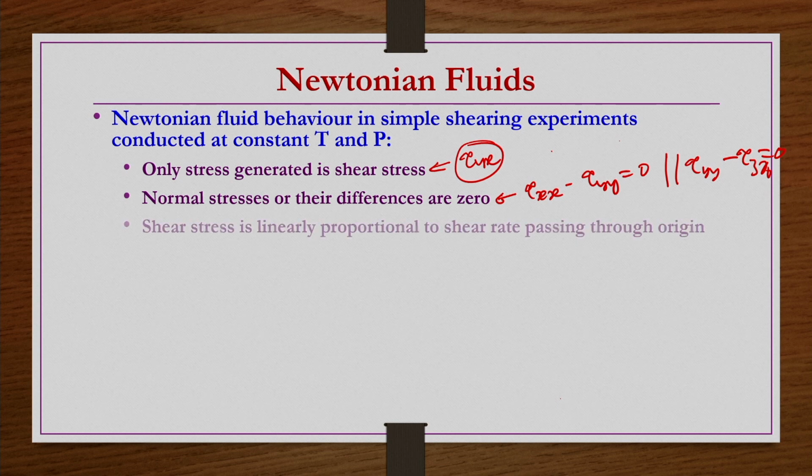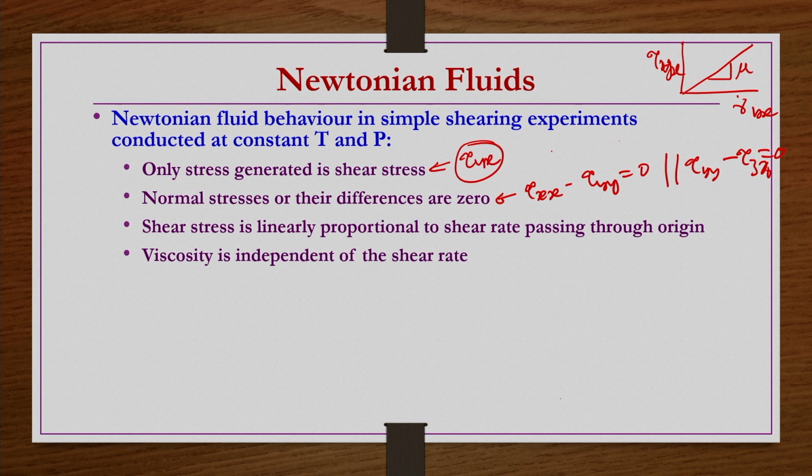As I already showed, the shear stress is linearly proportional to the shear rate and passes through the origin. When you take a Newtonian fluid and get the tau y x versus gamma dot y x information and plot it, you get a straight line passing through the origin with a slope mu, which is nothing but the viscosity, right.